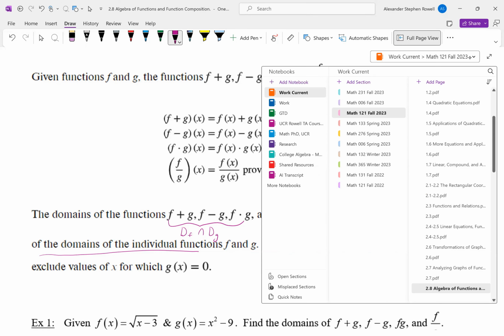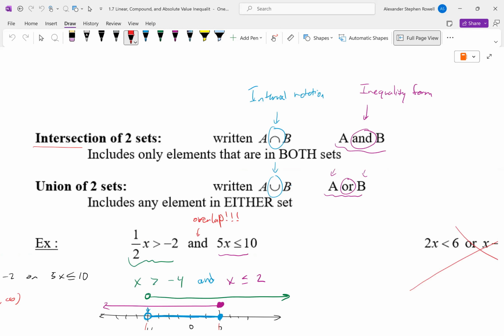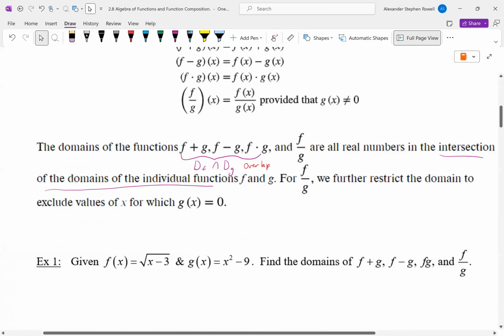Where did we talk about inequalities? 1.7? All right. This is something a lot of you, if you didn't answer in your head, will want to highlight in your notes. Intersection means what? They overlap. They overlap, yes. We want the overlapping domains of each one separately. The overlap. Let's just deal with that before we talk about f divided by g.